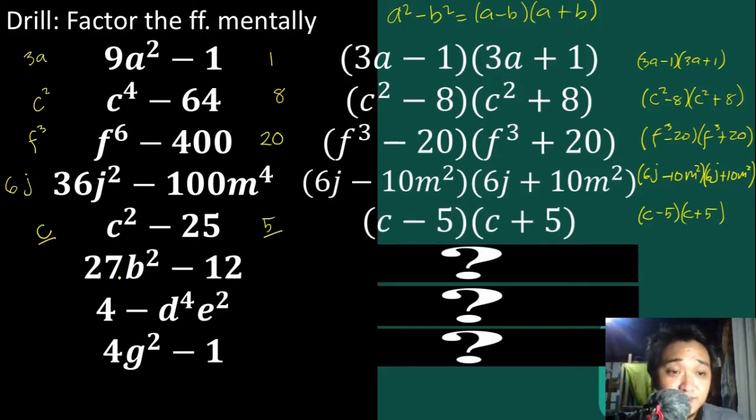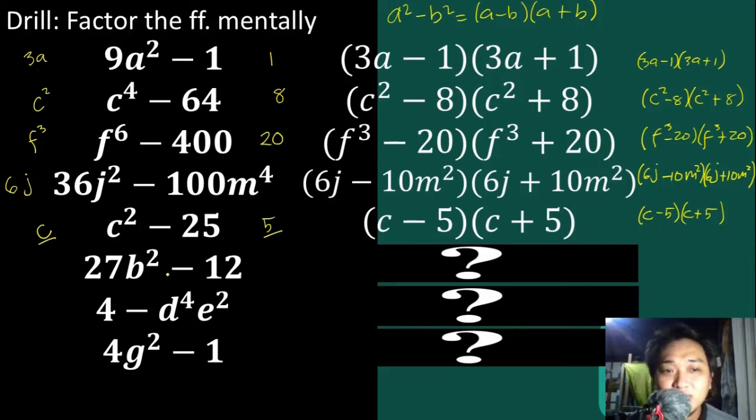How about this? 27b squared minus 12. Oh, wait lang. Wag ka muna agad mag-square root. Kasi, kung mapapansin mo, si 27, hindi siya perfect square number. Si 12, hindi rin siya perfect square number. So, anong gagawin natin? Balikan natin yung nauna nating topic, yung greatest common monomial factor.